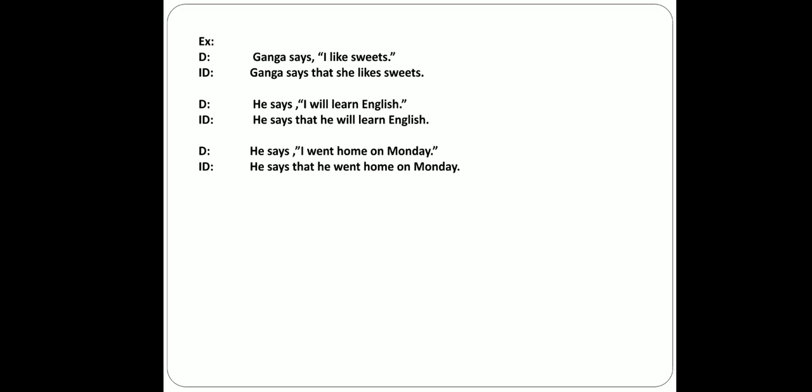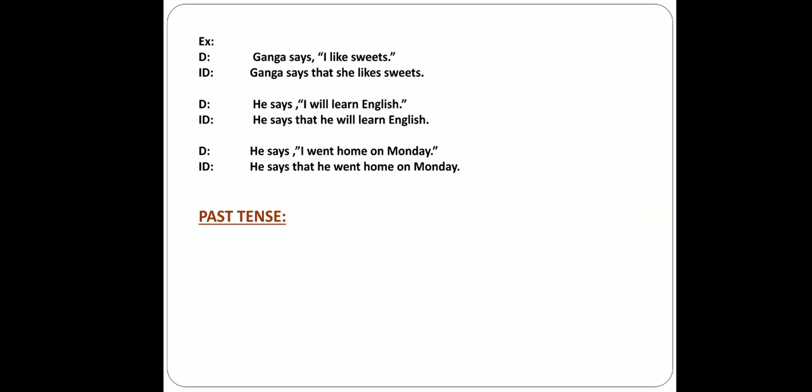As with the first sentence, there is no change in the reported clause. He says, "I went home on Monday." In indirect speech: He says that he went home on Monday. That's it.